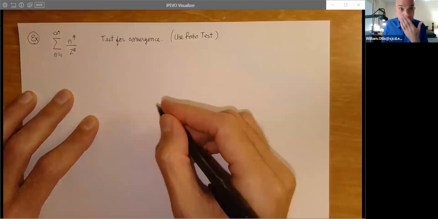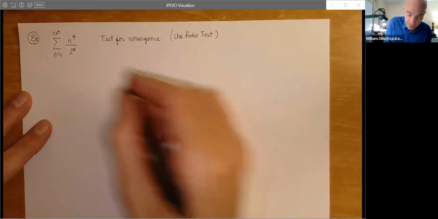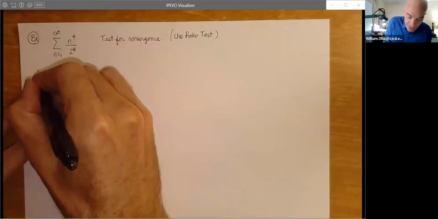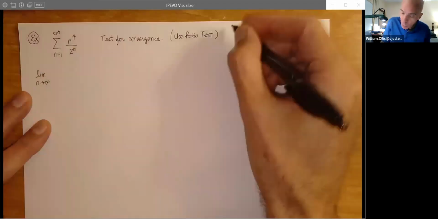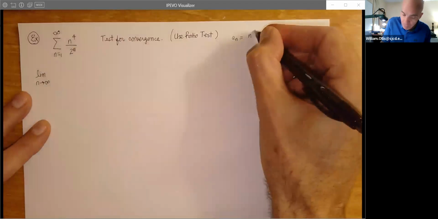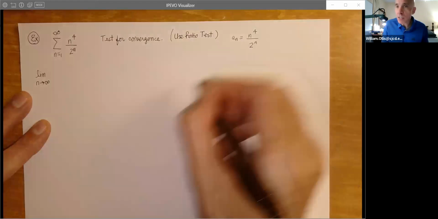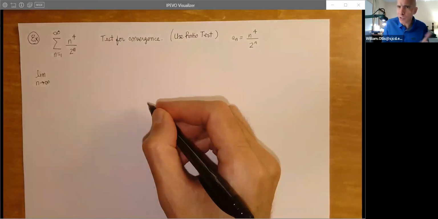Now, of course, this doesn't have a change in sign, but we still utilize the same technique. We always write this down. So we look at the limit as n approaches infinity. And if you like here, just go ahead and write the generating sequence down. n to the fourth divided by 2 to the n. So this is where we just get to use laws of exponents, which you know since Algebra 1.